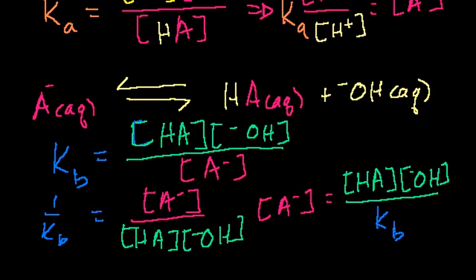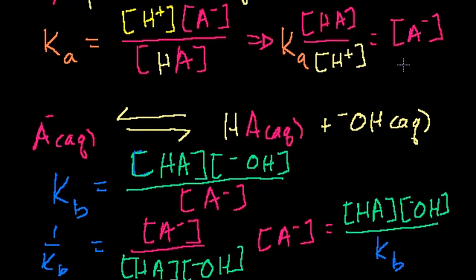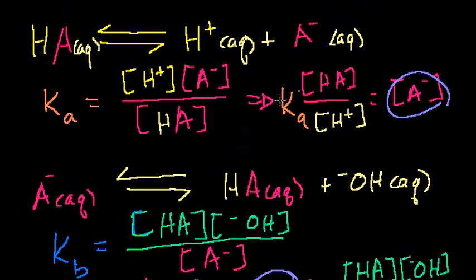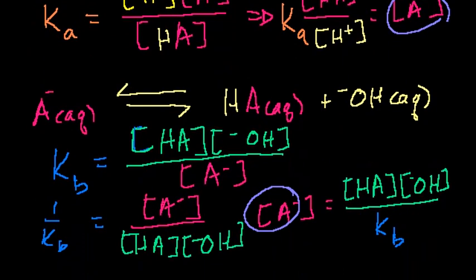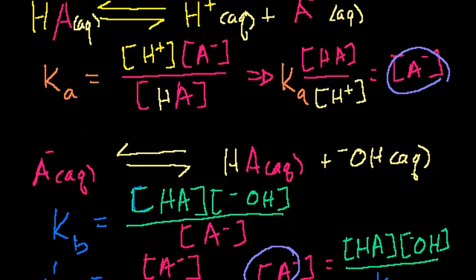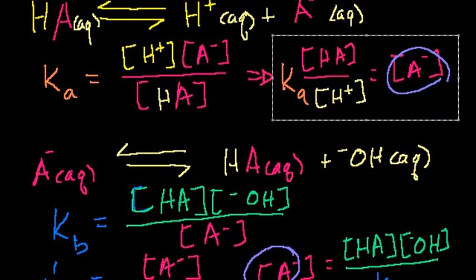Now, these are the same reactions, right? In either reaction, for given concentrations, I'm going to end up with the same concentration. This is going to equal that. These are two different ways of writing the exact same reaction. So let's set them equal to each other. Let me copy and paste it.